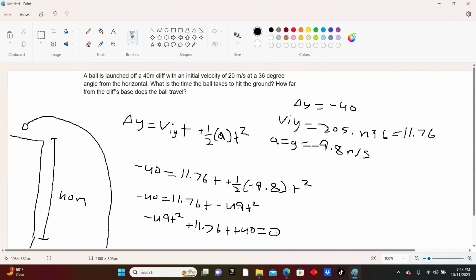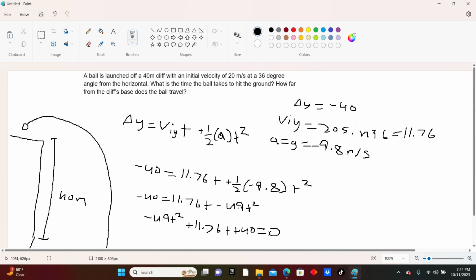You can solve this by hand if you want, but just for the sake of time, I'm going to use a calculator. So negative 4.9 t squared plus 11.76 t plus 40. You're going to get two values.